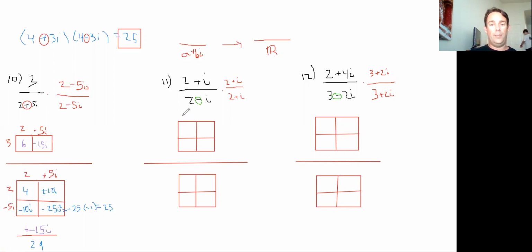All right, now I got you all back here. So on top, I have 2 plus i, and I have 2 plus i. On the bottom, I have 2 plus i, and I have 2 minus i.